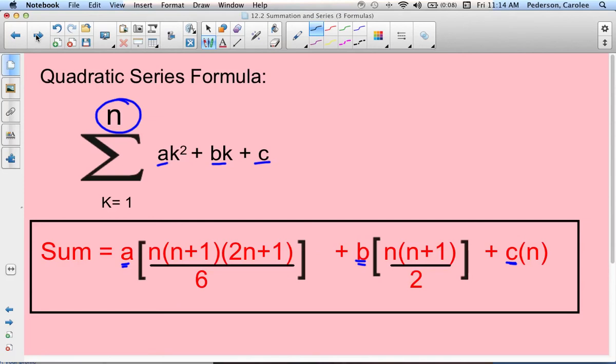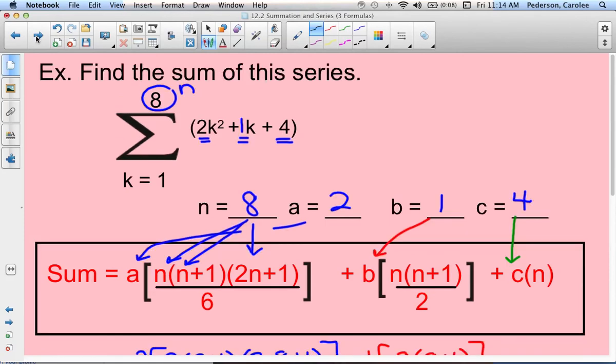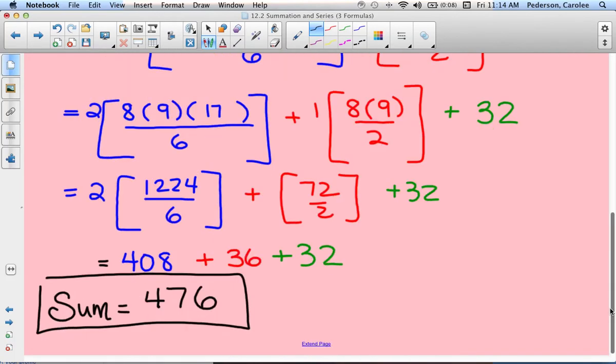The other way is to use this formula and substitute in A, B, C, and N like we did in this example. Identify those 4 numbers and substitute into the red formula in that box. And so the sum of this problem is 476. This is a faster way, especially if you have more than probably 7 or 8 terms.